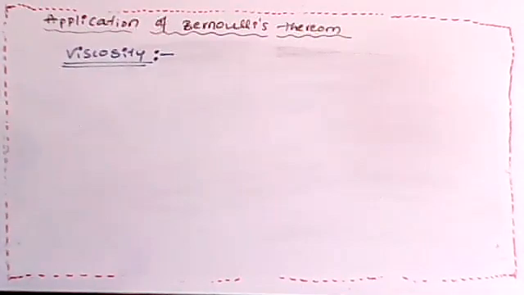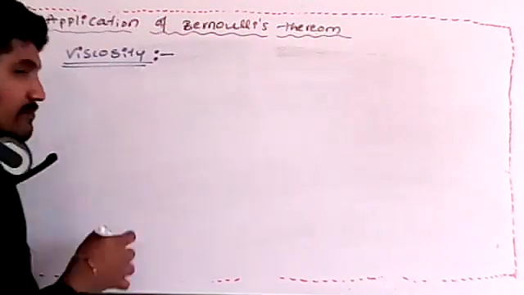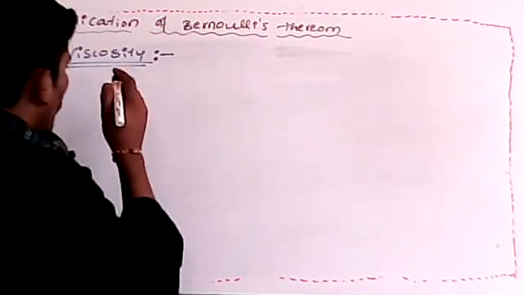Remember, students, viscosity or viscous is nothing but a property of any liquid or fluid. It opposes, or resists, the relative motion between the different layers. That is nothing but viscosity.